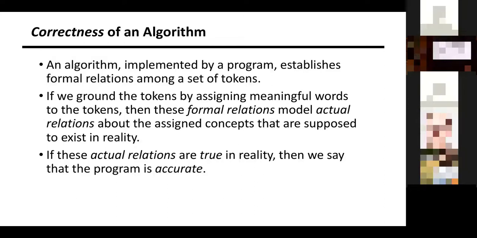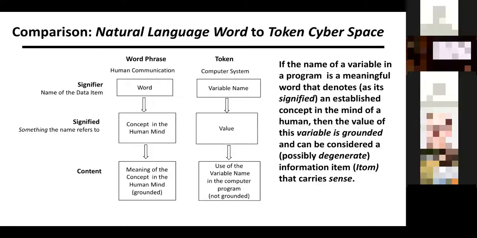So the correctness of a program depends actually on the meaning of the variables. This is the definition. I could also speak of the consistency of a program, for instance whether I multiply correctly, but that's not the issue here. It's how the program relates to reality. Now let's summarize the difference between words and tokens.